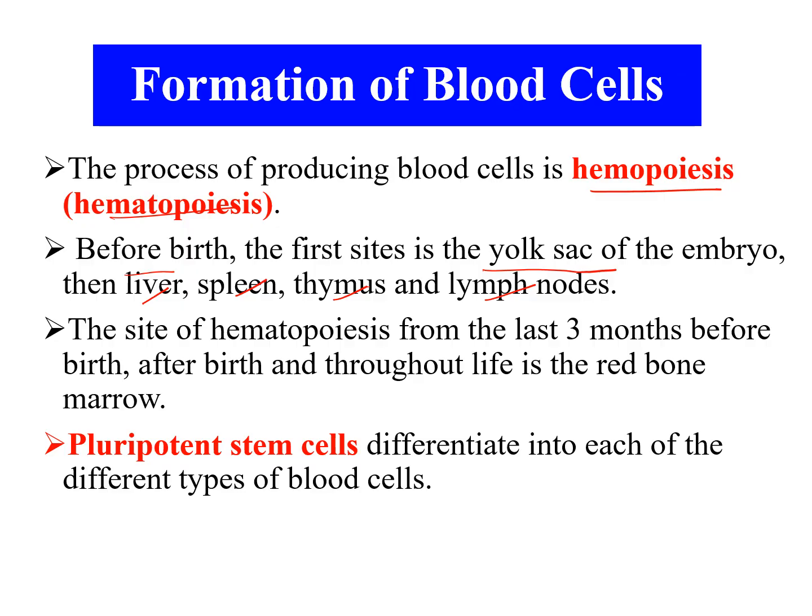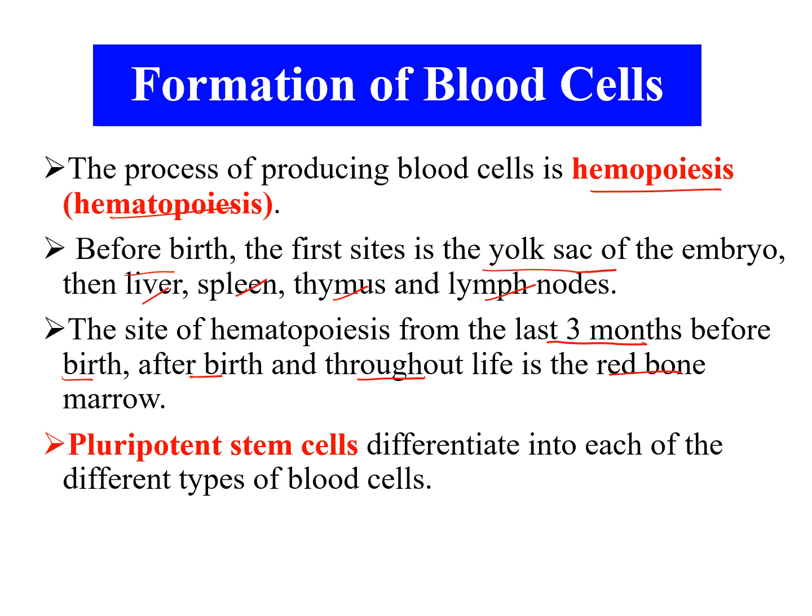However, the primary site of hematopoiesis changes from the last 3 months before birth, after birth, and throughout life. During these periods of life, the red bone marrow becomes the primary site of hematopoiesis.